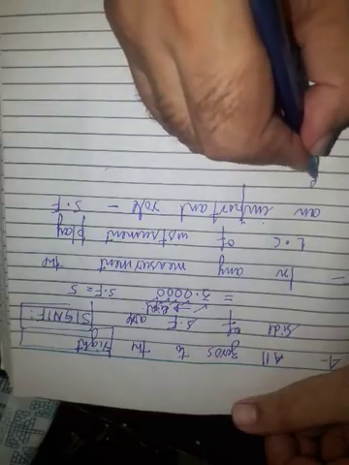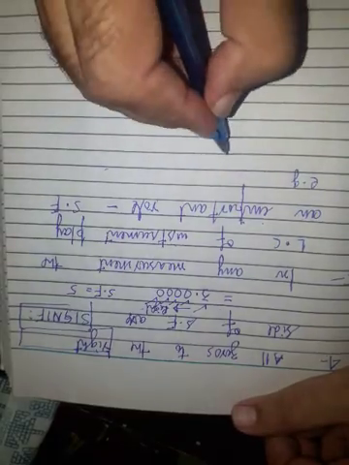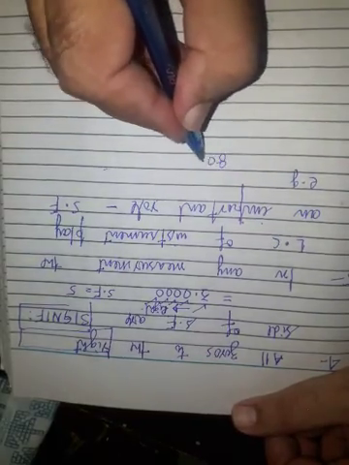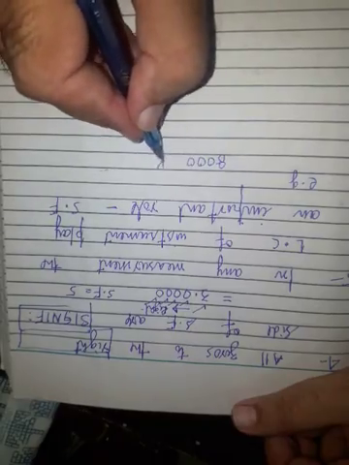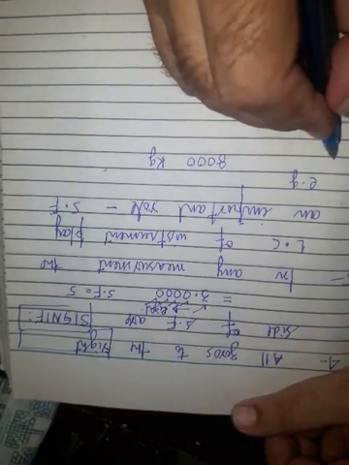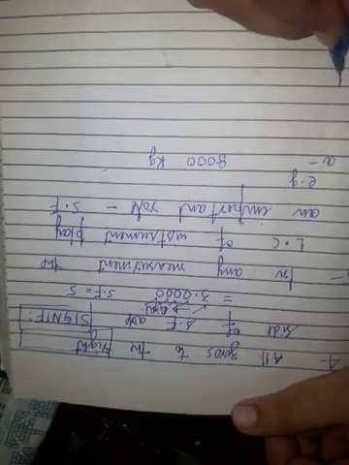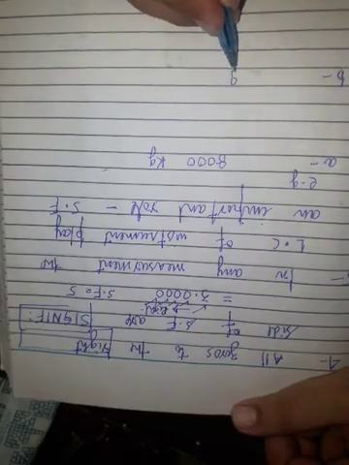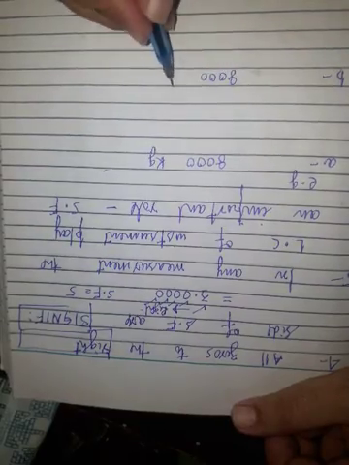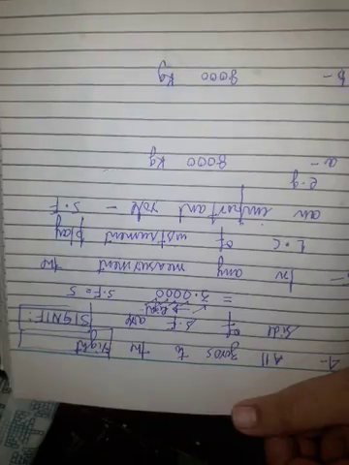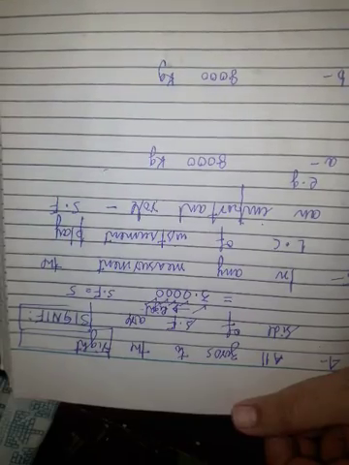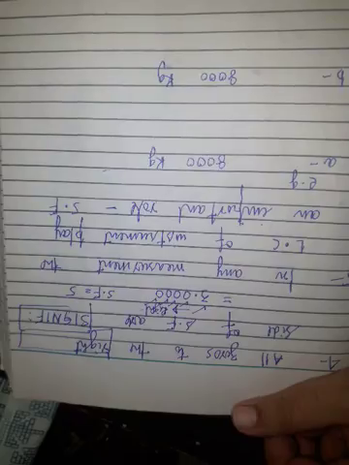For example, we have three readings. The first reading is 8,000 kg. The second reading is again 8,000 kg. The third reading is again 8,000 kg.